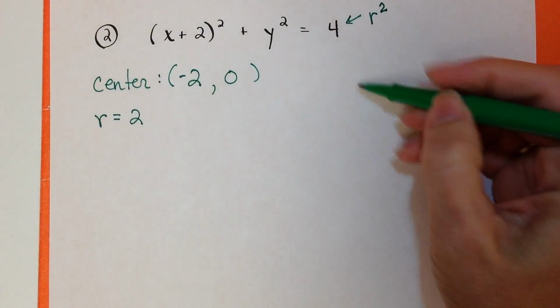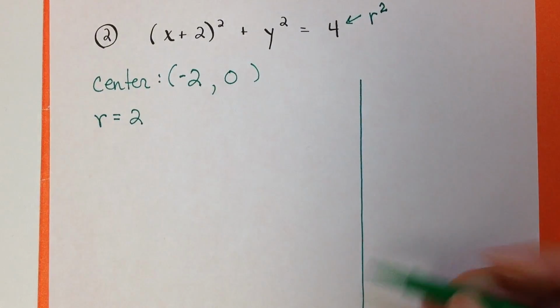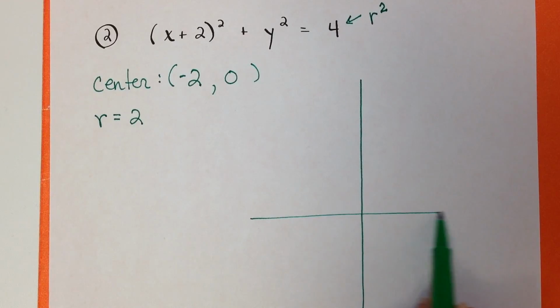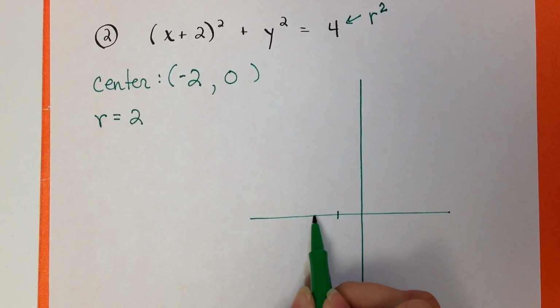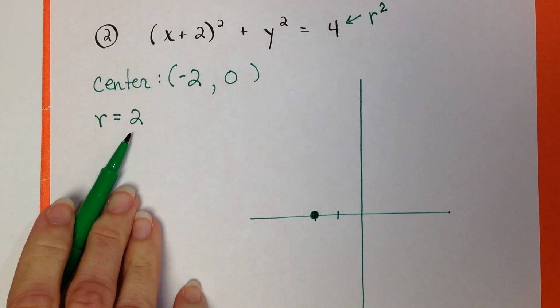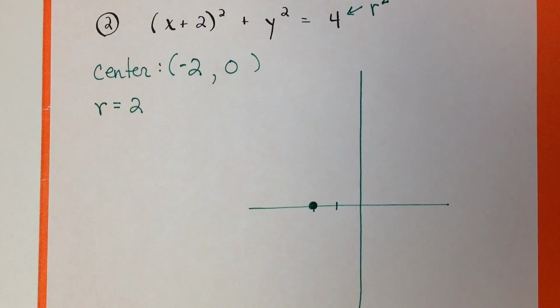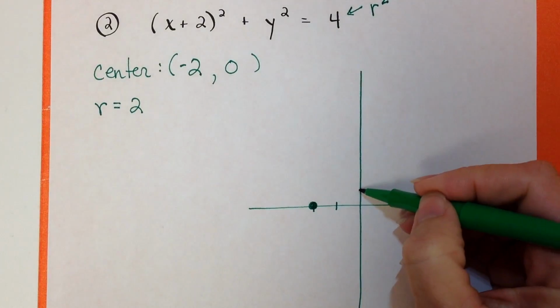Okay, now graphing this one. Okay, start by marking your center. And then since my radius is 2, that means I'll go up 2 units, down 2 units, and then also left and right 2 units.